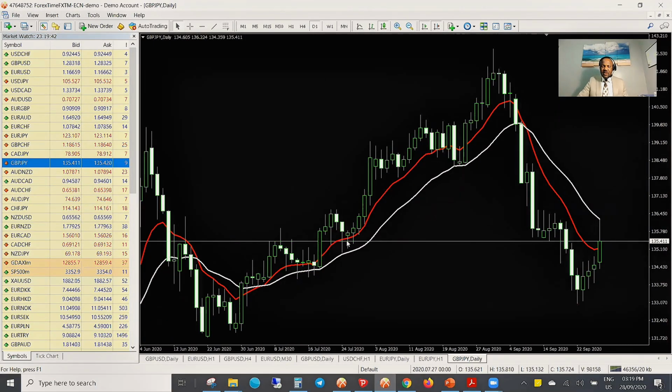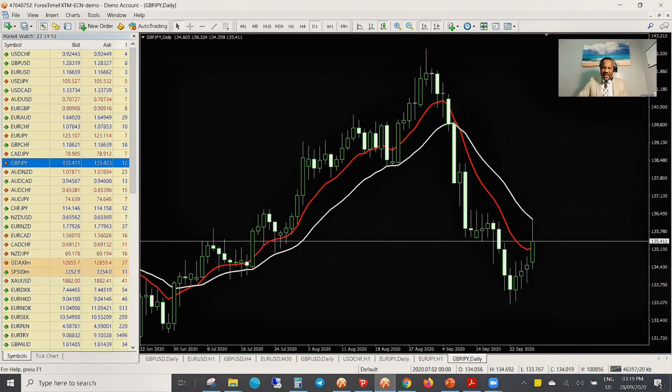Now look at this uptrend here. Let's look at the journey of this uptrend. This will explain something to you. Now, the moving average 10 crossed above moving average 20 at this place. From the moment it crosses above the moving average 20, it becomes an uptrend, and it will remain an uptrend until the moving average 10 crosses below moving average 20 again.